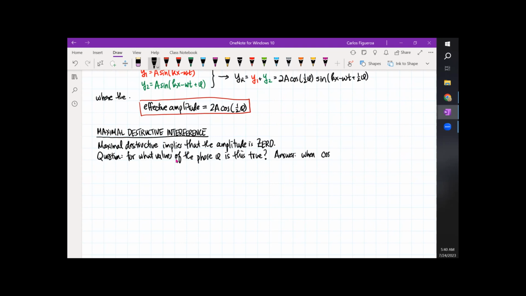The only place where that can be the case is at odd multiples of pi. So phi is plus or minus pi, plus or minus 3 pi, because that gives me 1/2 pi, which is 0, and the next one gives me 3/2 pi, which is 0. So you can see it's the odd multiples of pi.